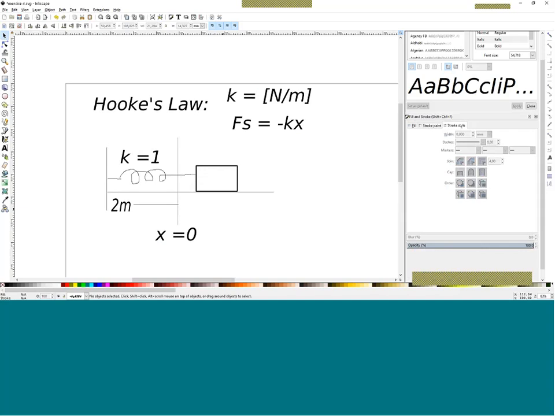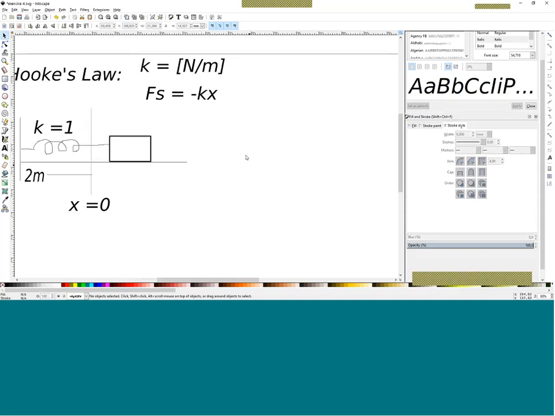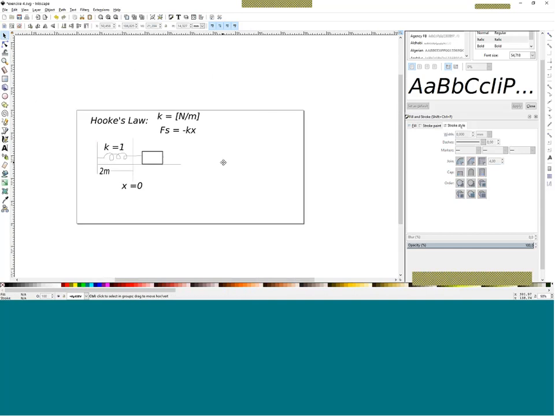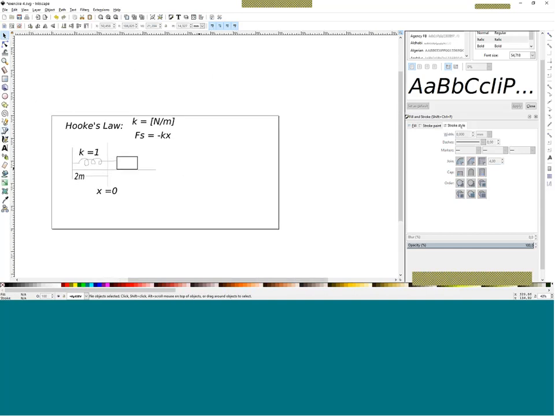What I want to talk about is the graph that results from this experiment. That gets a little bit more interesting, and we can find more of these integral ideas, sorry, I will say integral ideas, into our discussion.